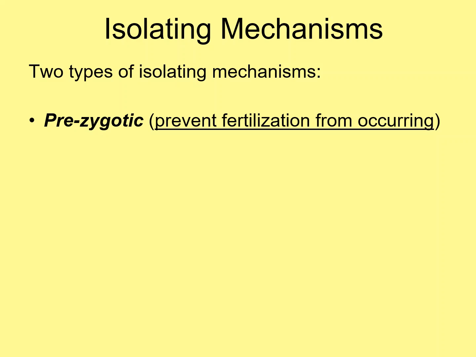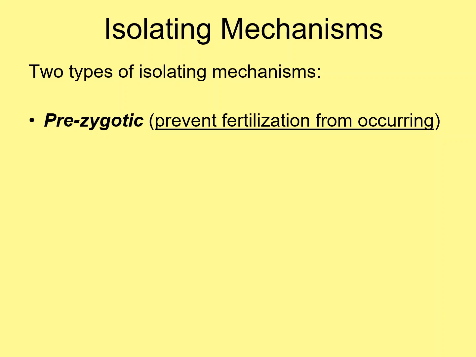Okay, so we have two main types of reproductive isolating mechanisms, or what I will often abbreviate as RIMs, because it's a whole lot easier than saying reproductive isolating mechanisms a million times. We have two main types, prezygotic and postzygotic. So prezygotic, as the name implies, is before the zygote forms, and a zygote is basically a fertilized egg, right?